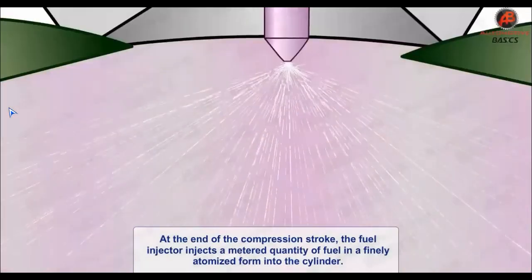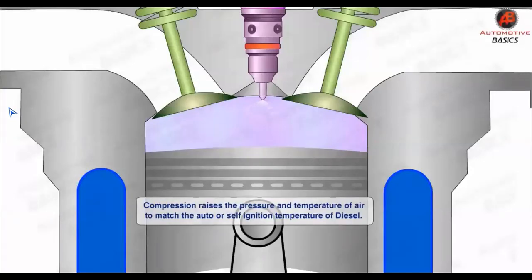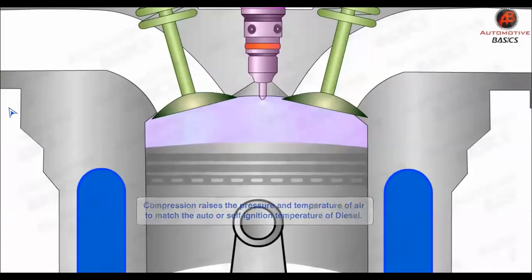At the end of the stroke, the spark plug releases a spark which ignites the petrol and air mixture. See that the petrol and air mixture ignites and releases an enormous amount of heat.